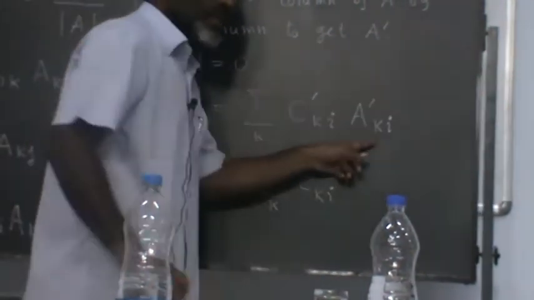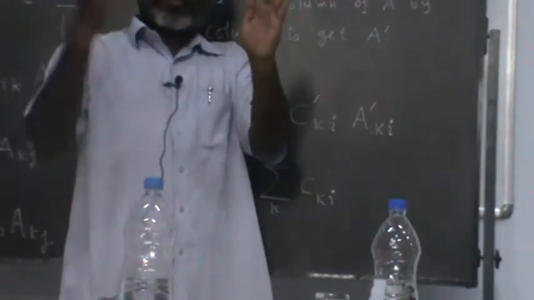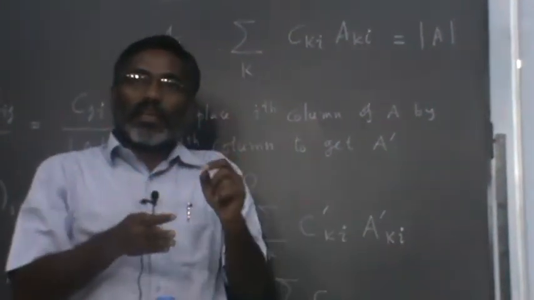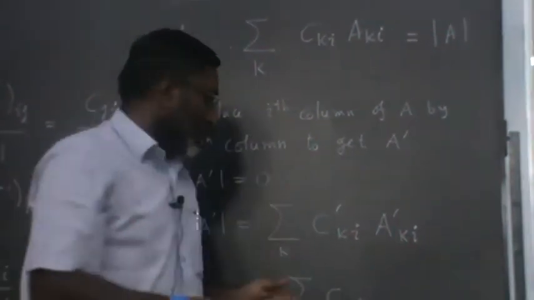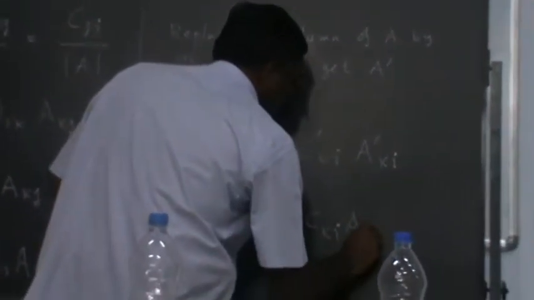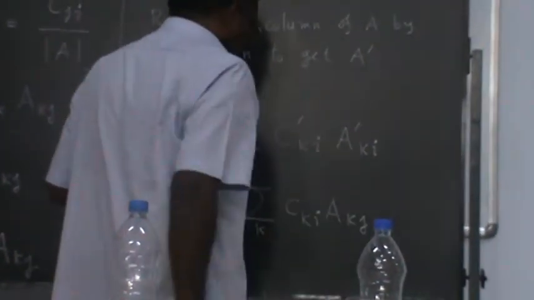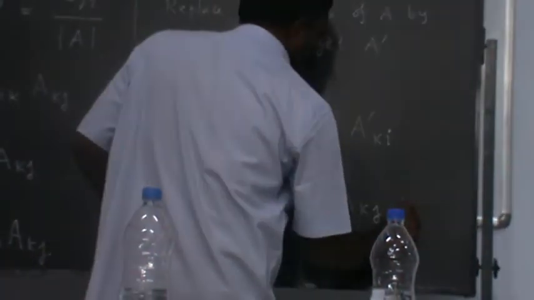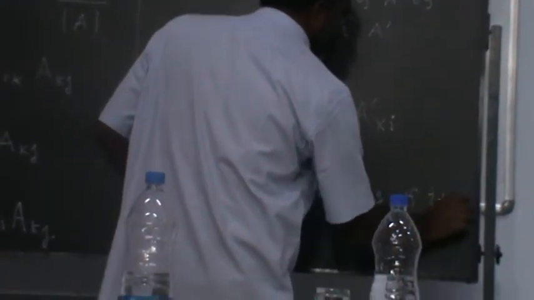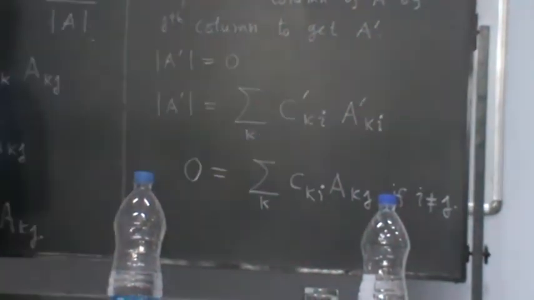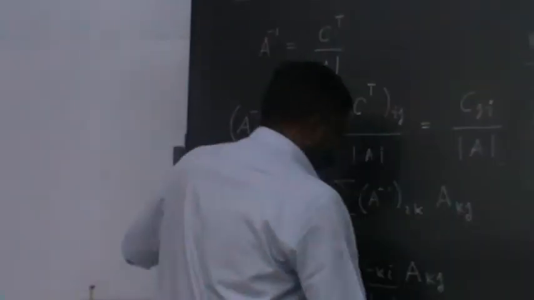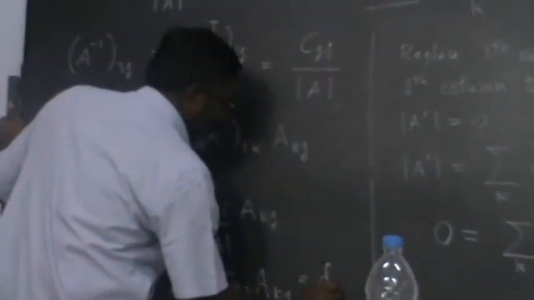And what is A prime ki? Because the ith column is replaced with the jth column, along that column I have only A_kj, correct? So this is equal to A_kj. Now this is 0 if i is not equal to j. If i is not equal to j, the determinant is 0. So because of that, I can write this as delta ij.